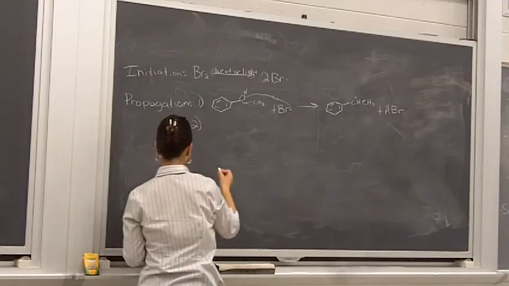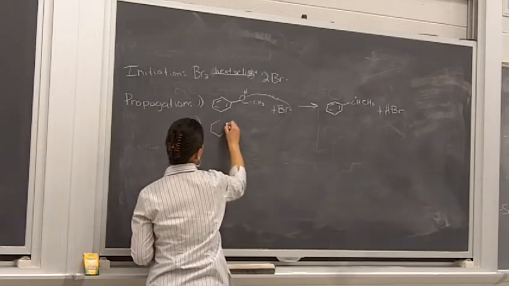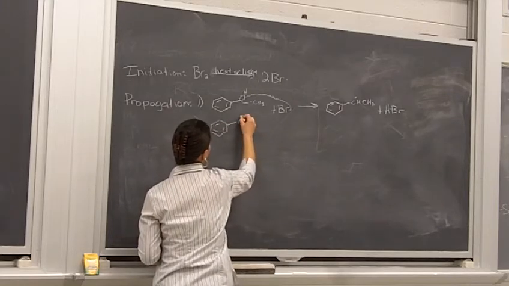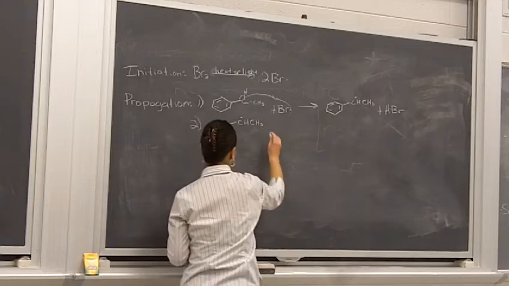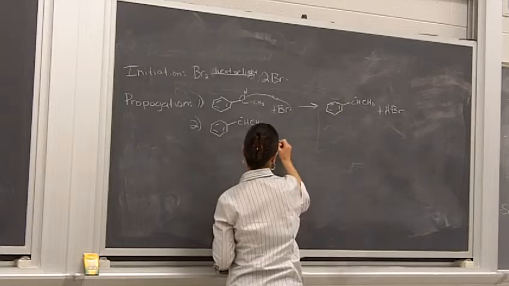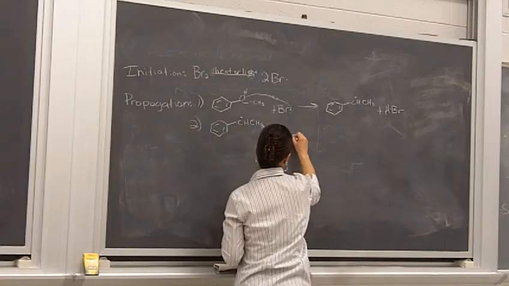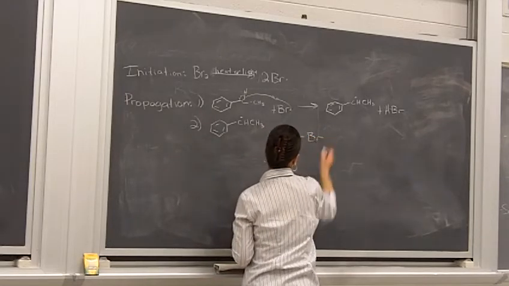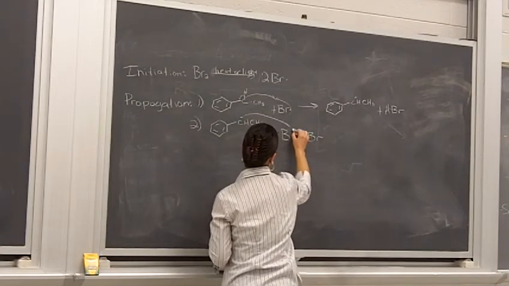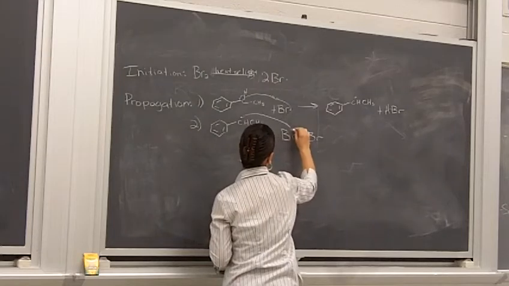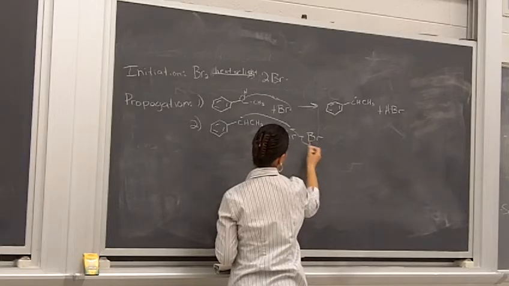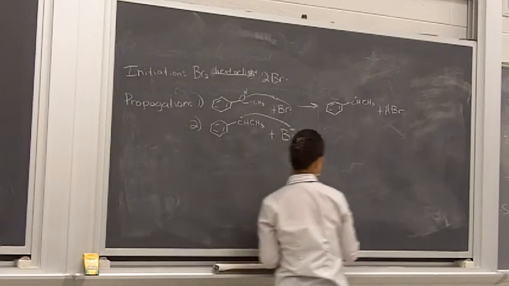Our second step is then, okay, we've got our ethylbenzene radical. And then it is going to react with another Br2. And we've got it reacting with one of the radicals, and then the other one goes on with the other bromine and forms more bromine radicals.